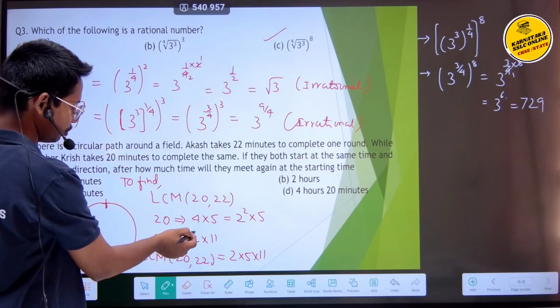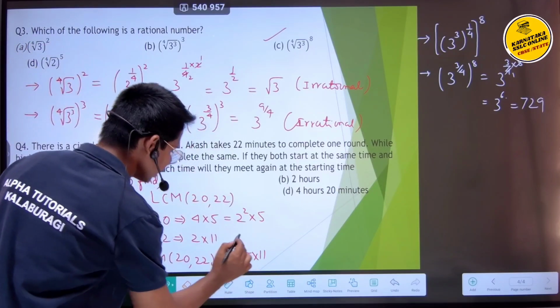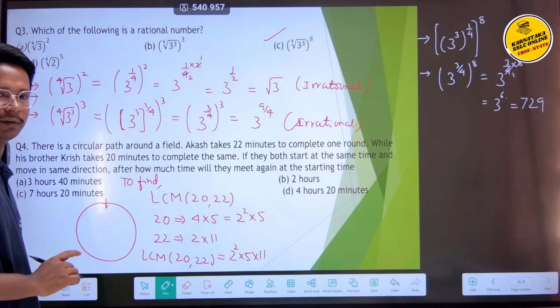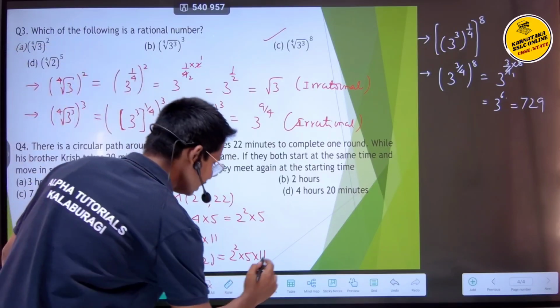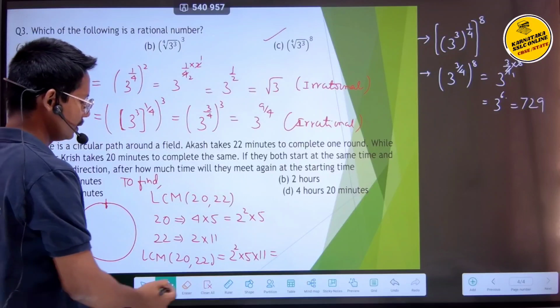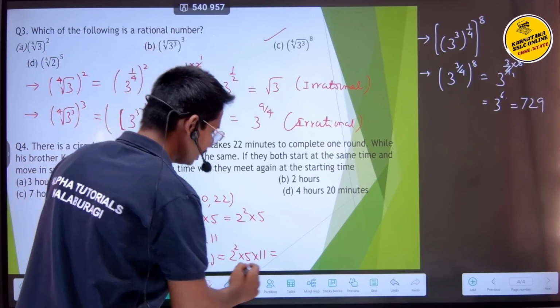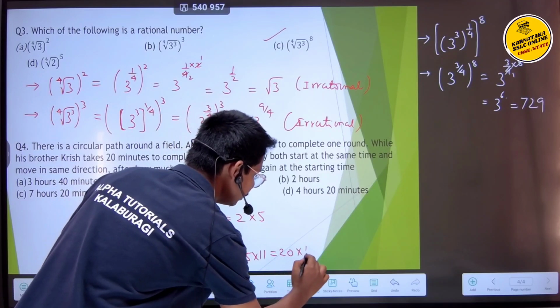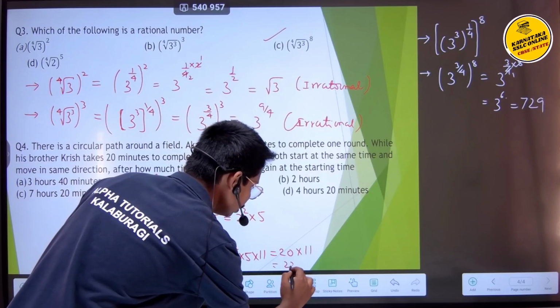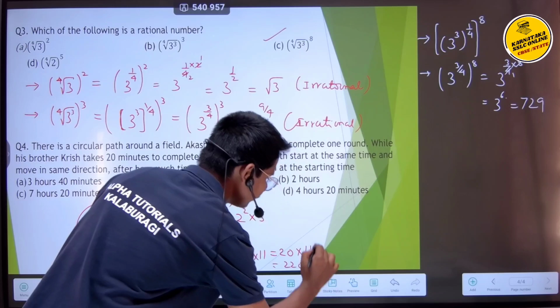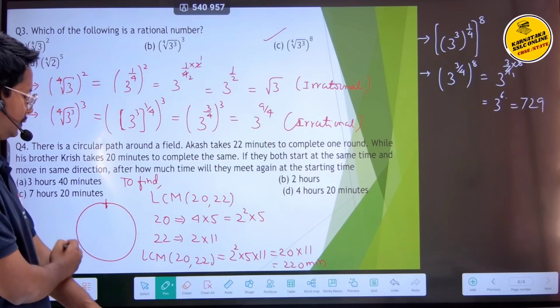Here 2 to the power 1 and here 2 square, so you have to take 2 square. However 5 and 11 both have degree 1. So now multiply: 2 square means 4, 4 into 5 is 20, 20 into 11 is 220. So we'll get 220 minutes.